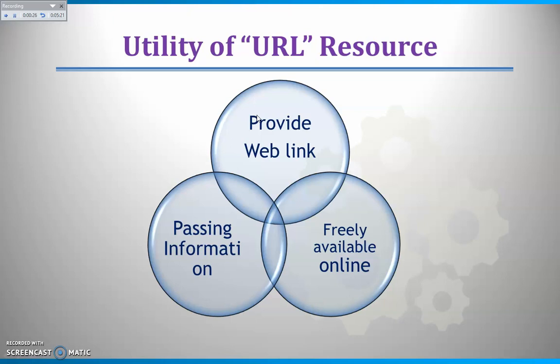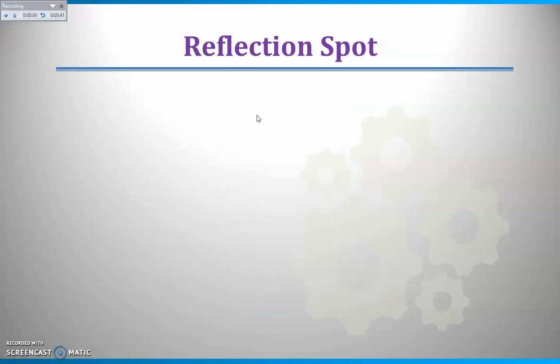You should provide that web link through the URL resource into the Moodle Genomio platform, which is freely available online. This URL resource is very important for passing information from online to the students.